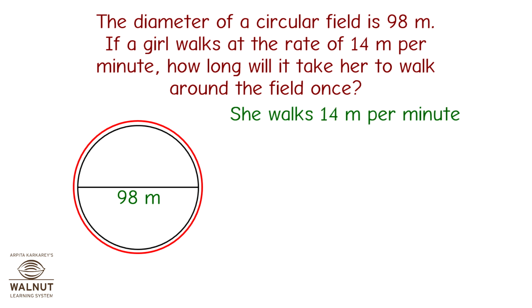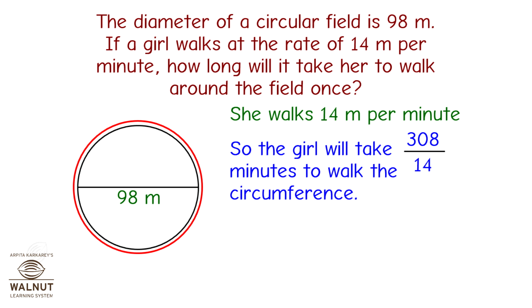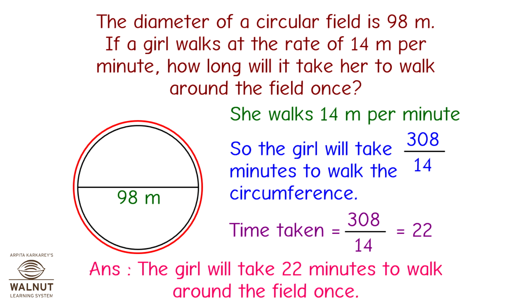In 1 minute, the girl walks 14 meters. So, the girl will take 308 divided by 14 minutes to walk the circumference. Time taken to walk around the field once is equal to 308 divided by 14, which is equal to 22 minutes. Therefore, the girl will take 22 minutes to walk around the field once.